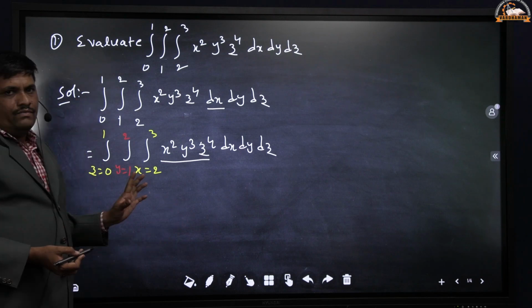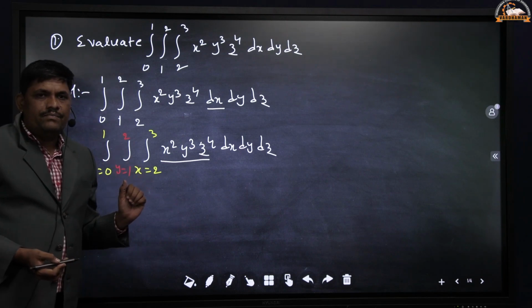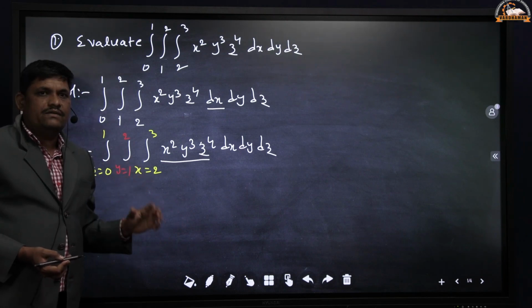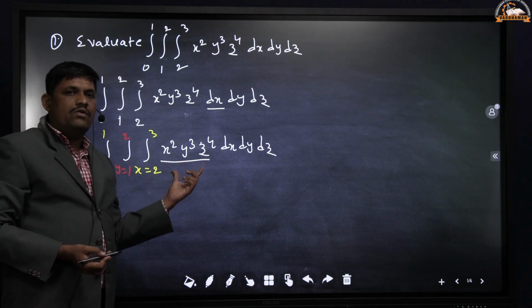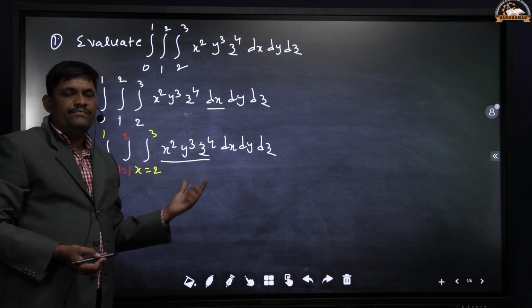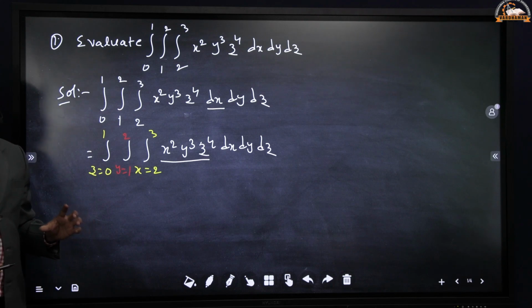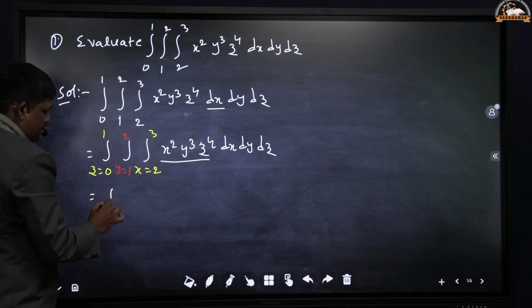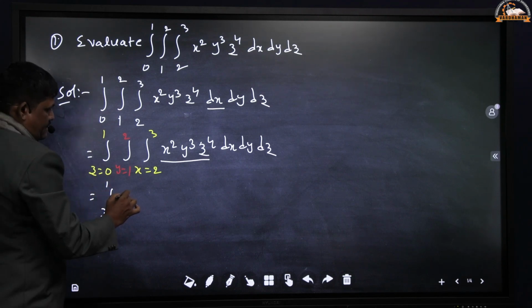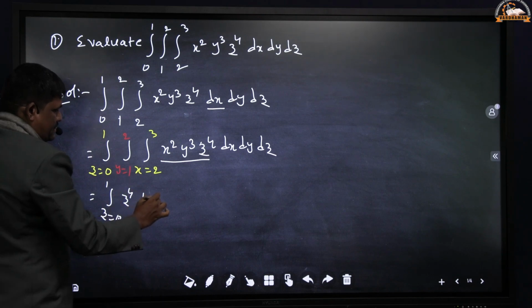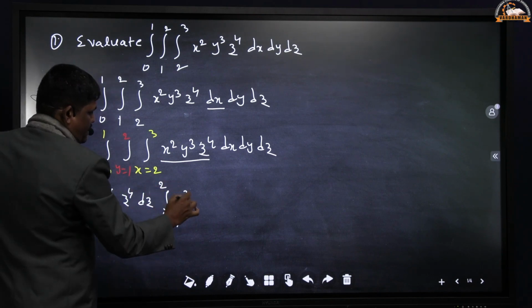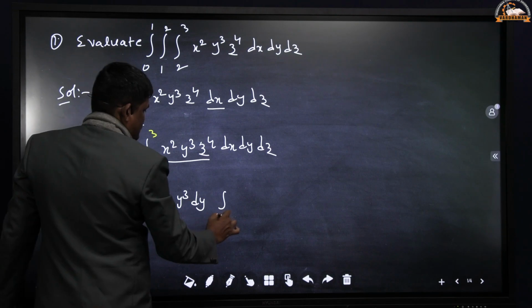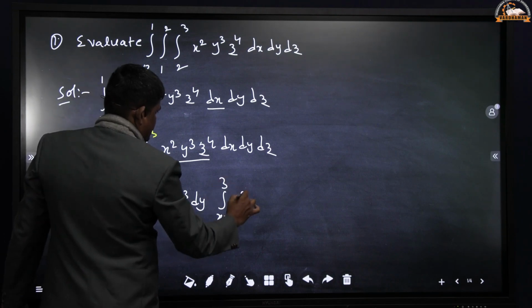When plus is there, those act as independent. When the product is there among these variables, those act as dependent. Separate this. z is 0 to 1, z power 4 dz. y is 1 to 2, y cube dy. x is 2 to 3, x square dx.